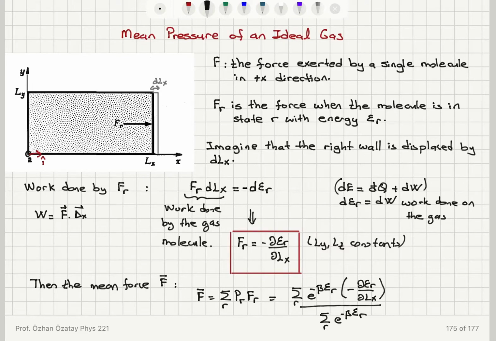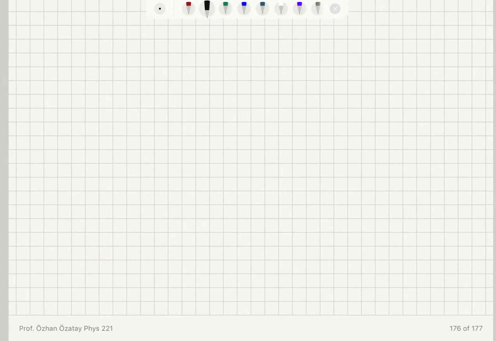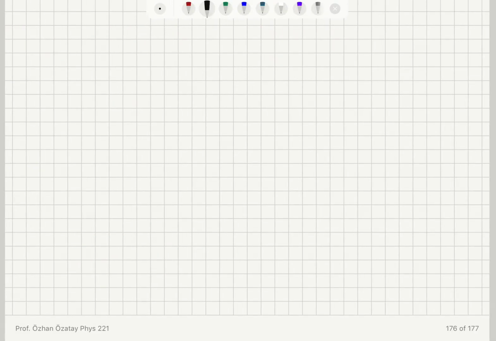Now, if you take the derivative of the Boltzmann factor e to the minus beta epsilon R with respect to Lx, so let's try that. If I have the derivative of the Boltzmann factor e to the minus beta epsilon R with respect to Lx, this would be the derivative with respect to energy of the Boltzmann factor multiplied by the derivative of the energy with respect to changes in Lx.